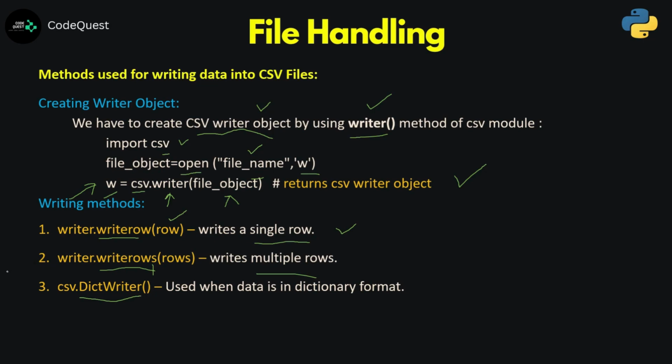When I'm dealing with writerows, my data is expected to be in a list format, a list of lists, or a nested list, where each item in the list is a list itself. In those cases, I can take each item and write the list. But if my data is in a list of dictionaries format, where each item itself is a dictionary, then in those kinds of situations we are supposed to take the help of DictWriter.